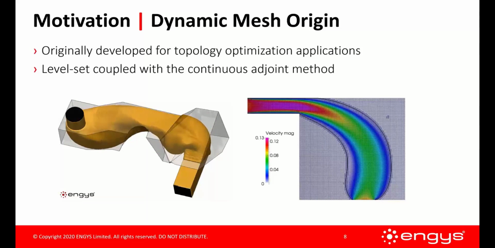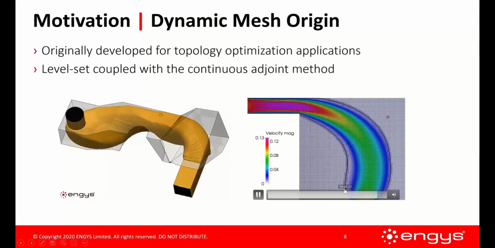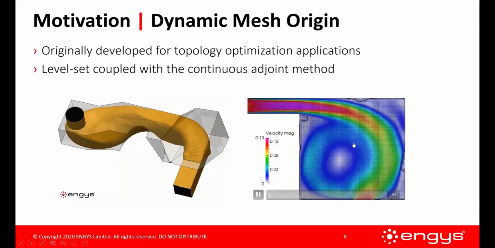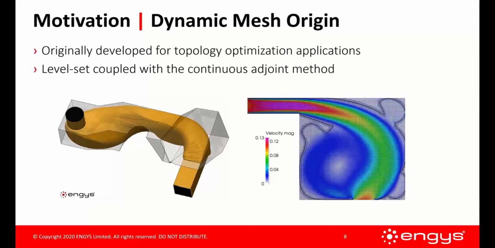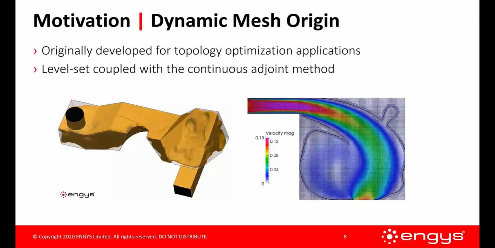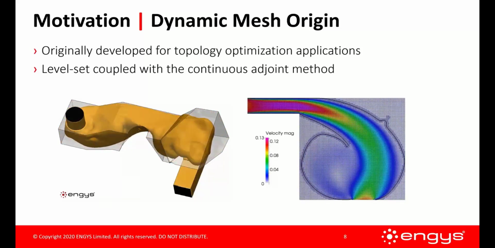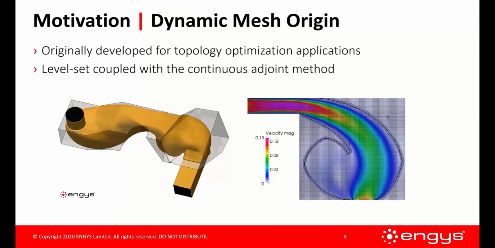On the left we see a three-dimensional perspective, and on the right a two-dimensional perspective. This black line is the GIB interface, and it represents the optimal surface to do something like minimizing pressure drop. So it was originally developed for applications in adjoint optimization.